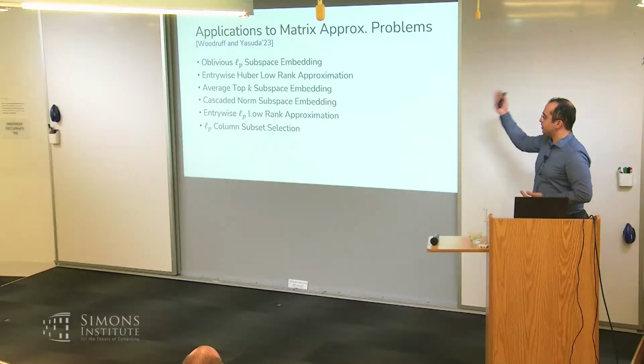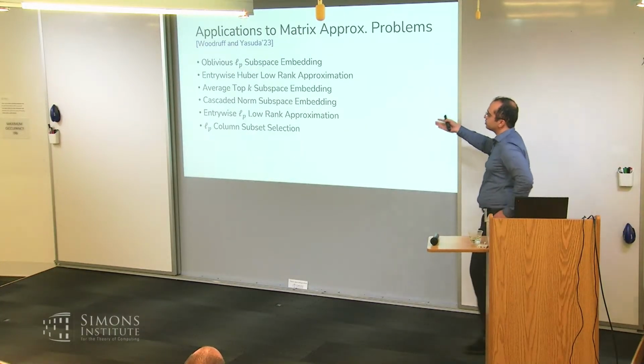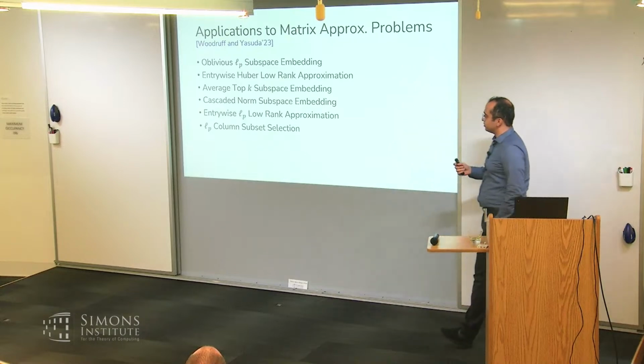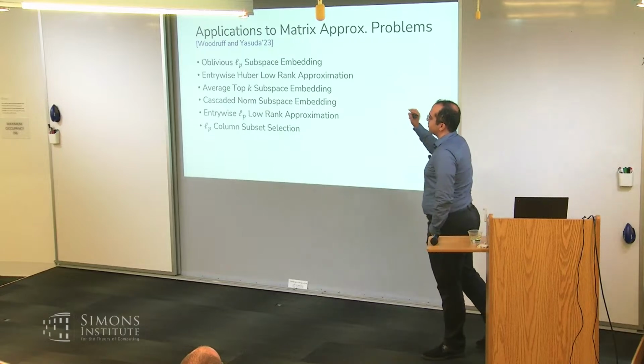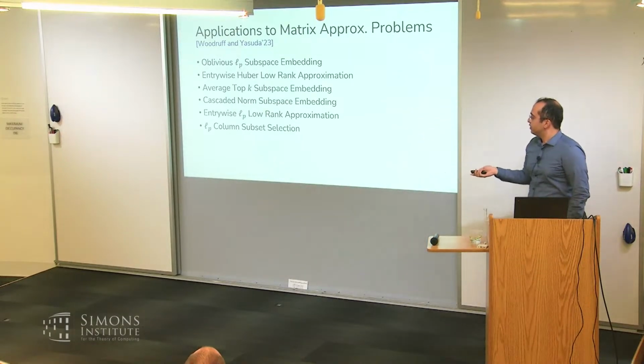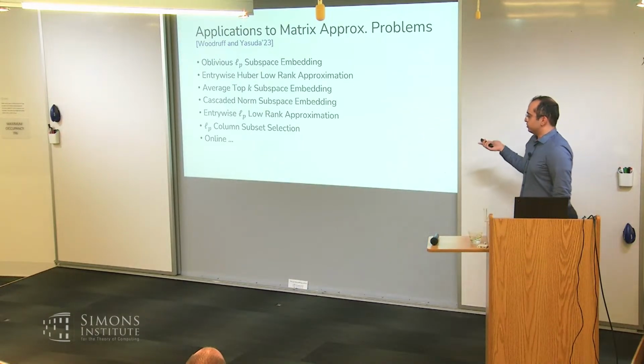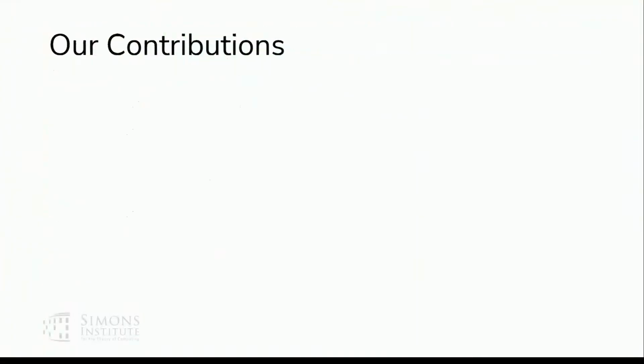Okay, and I mentioned there are tons of applications. I just mentioned a few of them here, and they can use this spanning subset or volumetric spanner and get improved bounds for them. And actually, they showed it in an online version of this problem. Okay, but I'm not going to talk about the applications. I'm focusing on the volumetric spanner itself here.